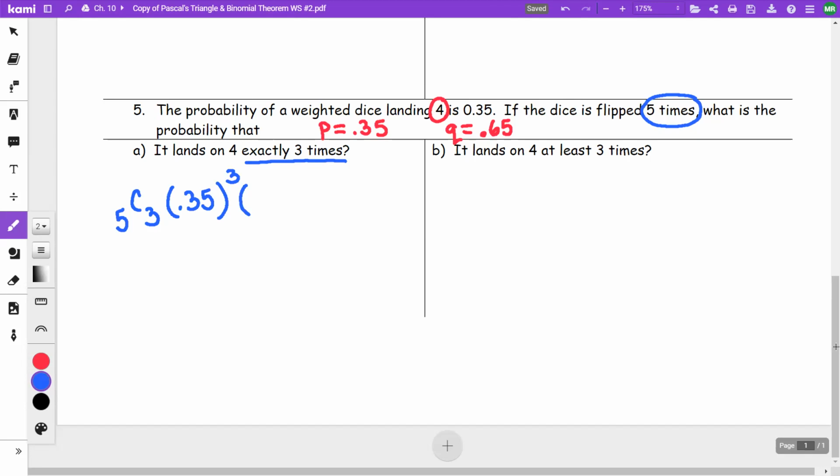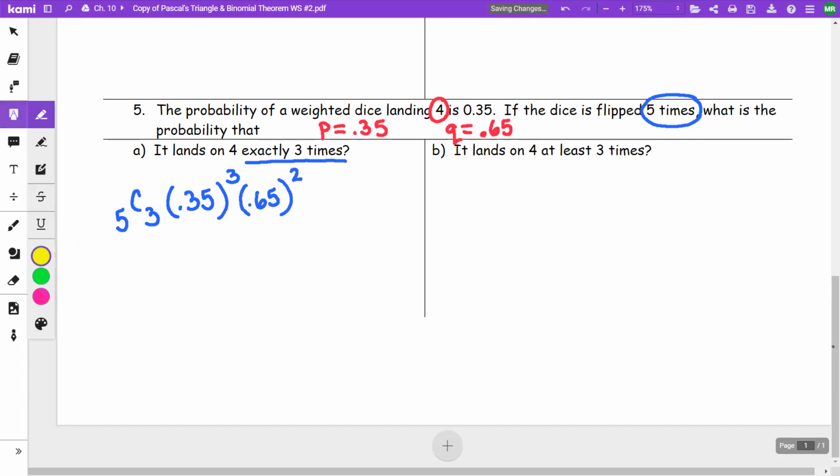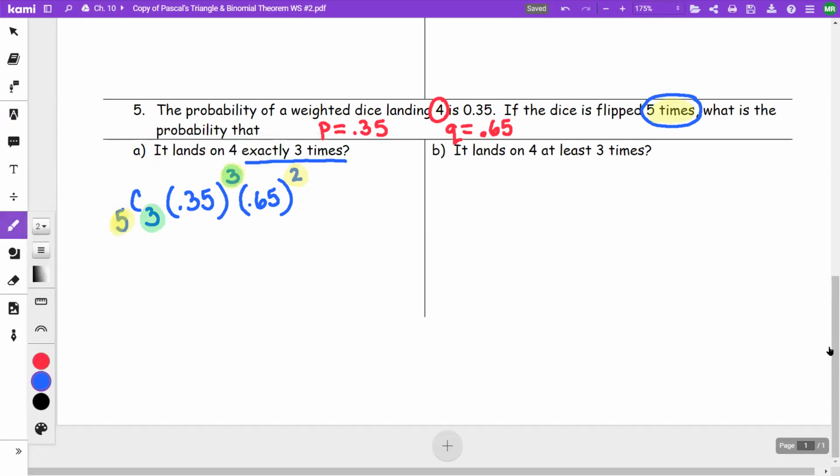Then 0.65, the chance of not getting a 4, is going to be to the power 2. These two numbers, this 3 and this 2, have to add to the 5 times that I'm doing this, which is going to add to this front number. Always. And to be honest, 5 choose 3 and 5 choose 2 are the same, but I always put the 3 if I want it to be 3 times for a success.